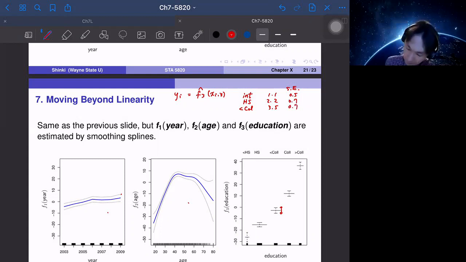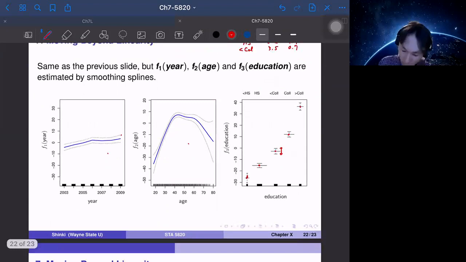Then maybe ±2 standard error is written here. The estimate is just one point. And the width represents the sample size for each class.